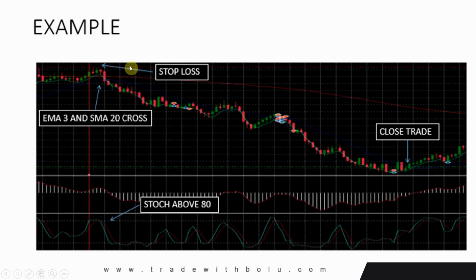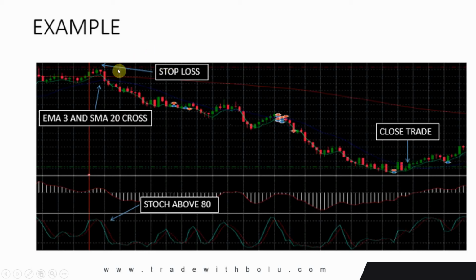We have the 200 moving average in red here, and then the 20 moving average in blue, and the 3 moving average in green, as you could see there. So we have the price below the 200 moving average.